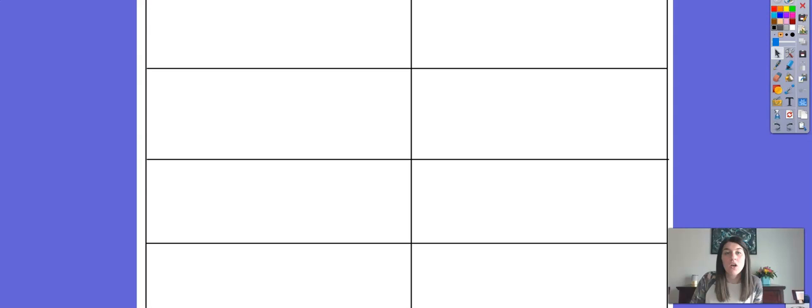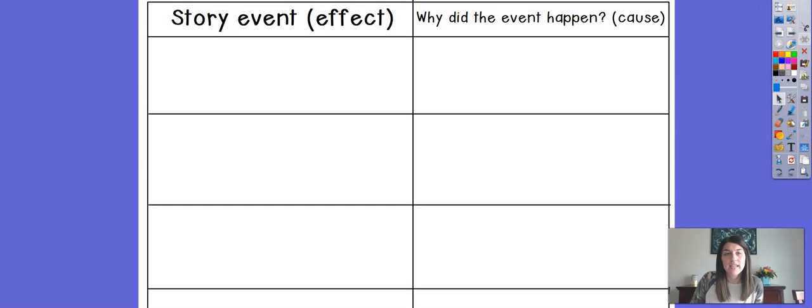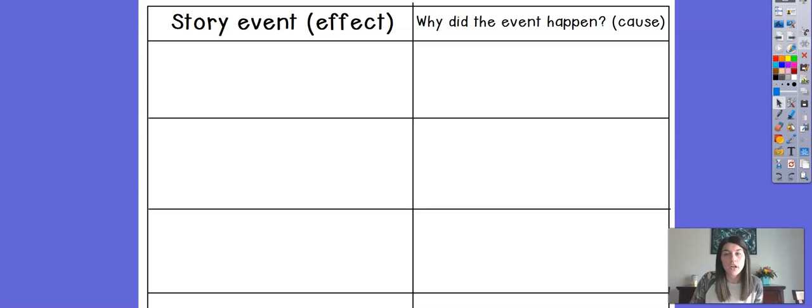When you are doing your work provided by your teacher, you're going to see a chart or an organizer that looks just like this. You'll notice that it says story event, which is the effect, and why did the event happen, which is the cause. You might think of cause and effect flip-flopped, and normally you might see the cause on this side and the effect on this side.